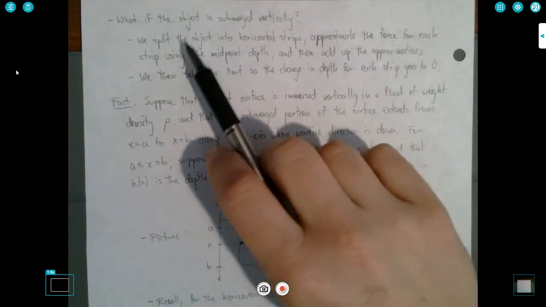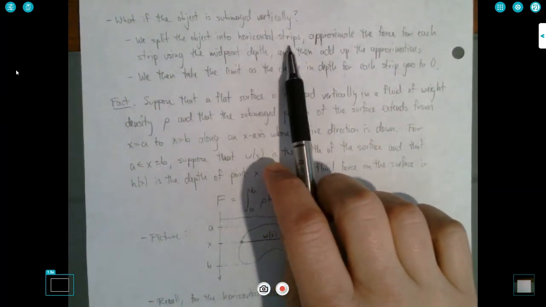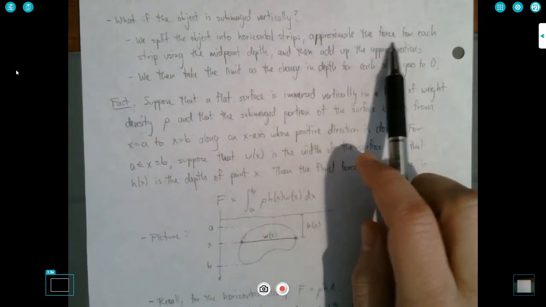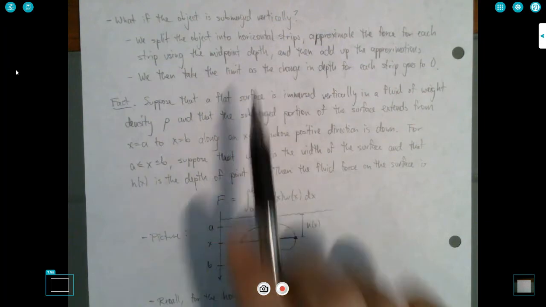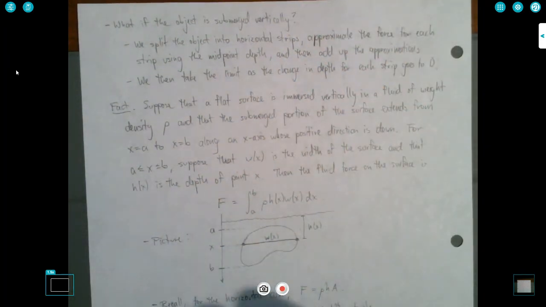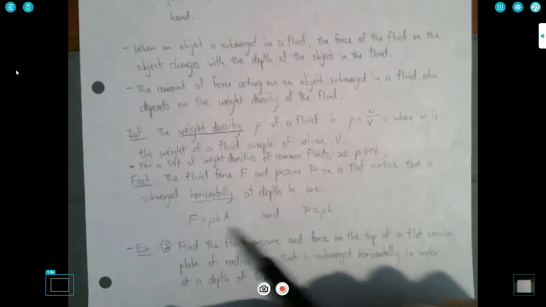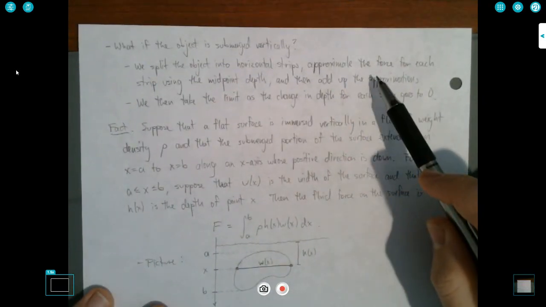So if the object is submerged vertically, then what we need to do is split the object into horizontal strips and then approximate the force for each strip using the midpoint depth. In other words, we'll take the depth of the middle of the strip, use the formula from the previous page to find the force or the pressure, just as an approximation.